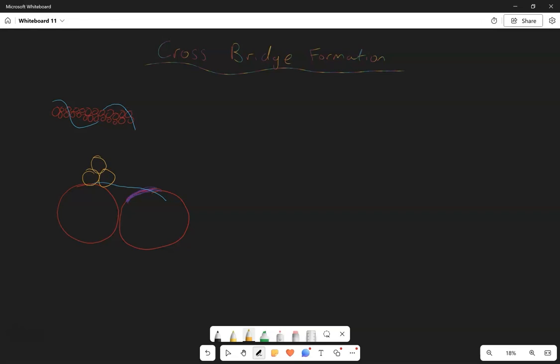And that trimeric protein, remember, is troponin. Okay? So the troponin is attached to that tropomyosin. So there are these 3 subunits for troponin.